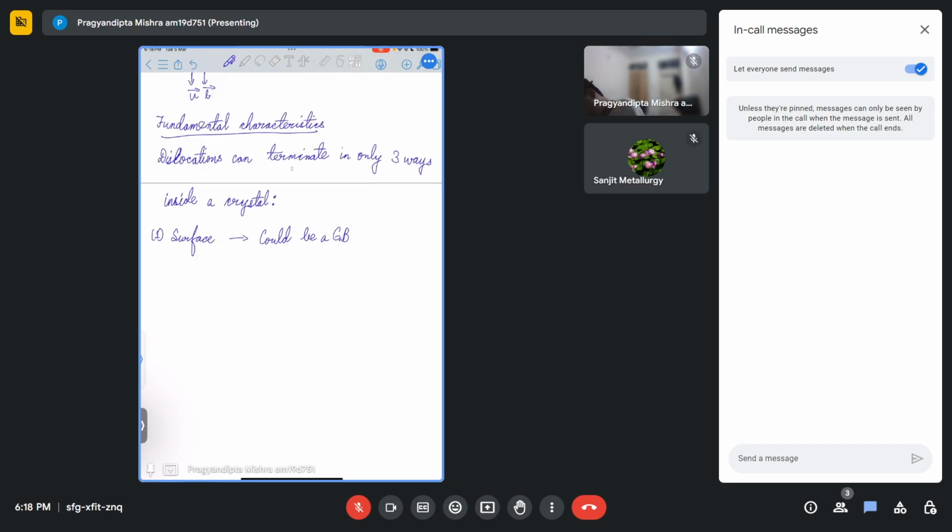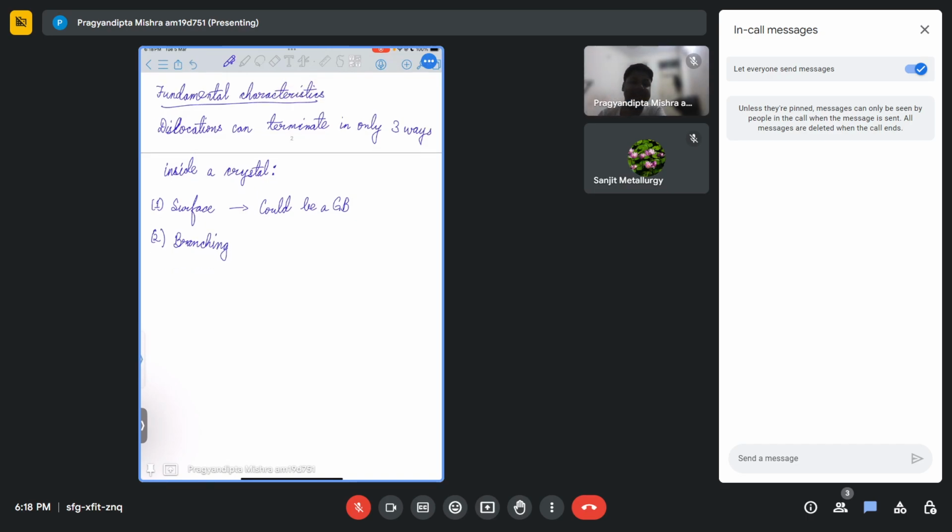Okay. The second way a dislocation can also end is branching. Now, what do we mean by branching? Essentially, dislocations have certain properties which are inherent to them.